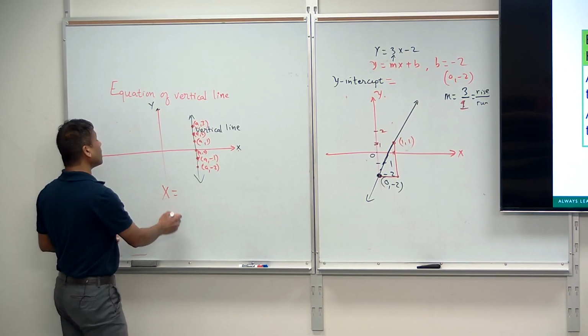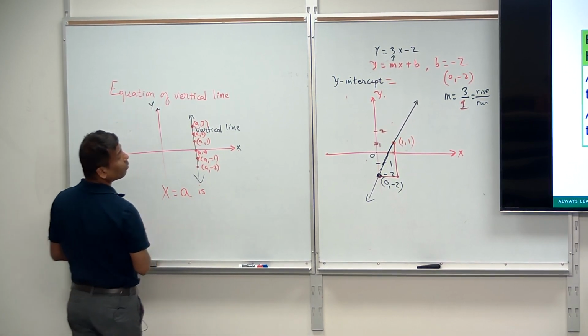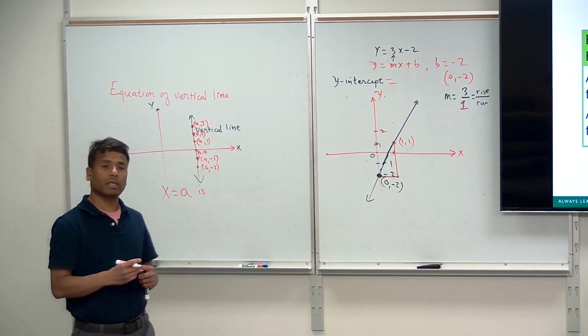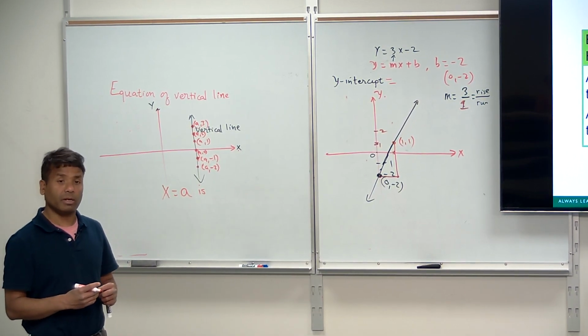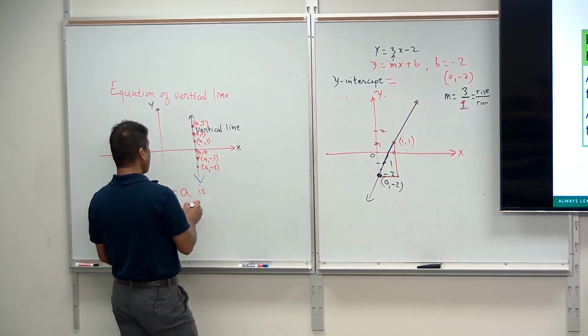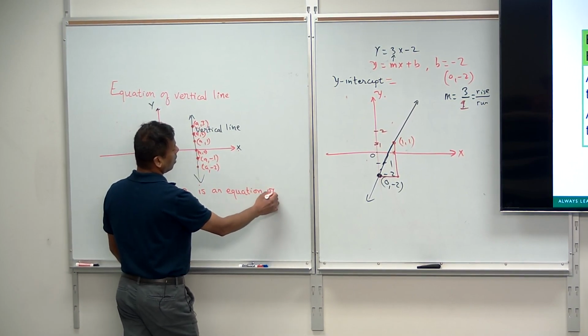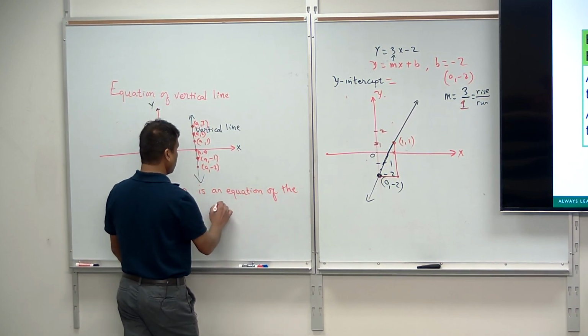So that's why we say x = a is the equation of the vertical line. That makes sense? So x = a is the equation of the vertical line.